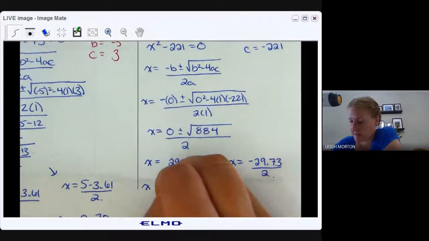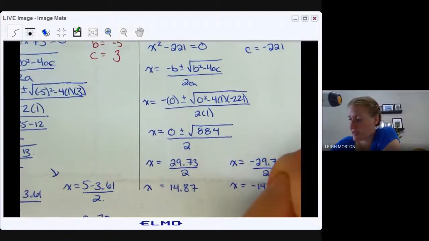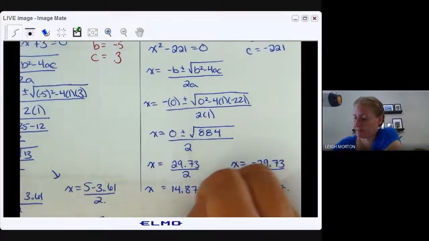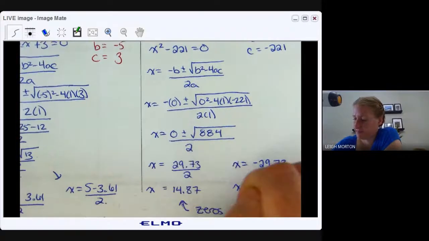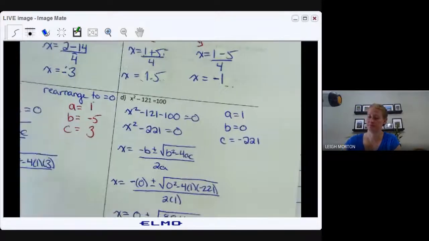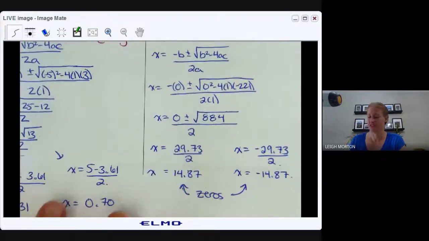So I get positive 14.87 and negative 14.87. These are my zeros. Finish that up. We'll move on.